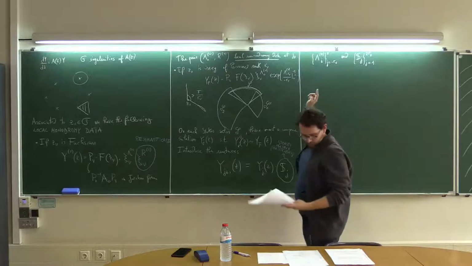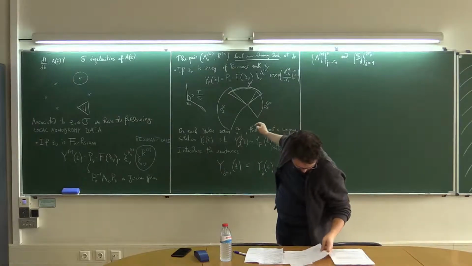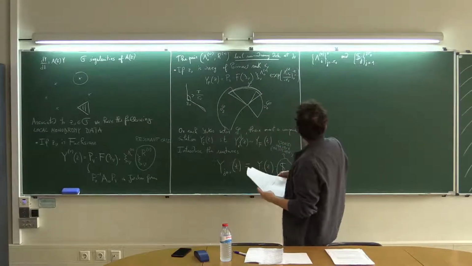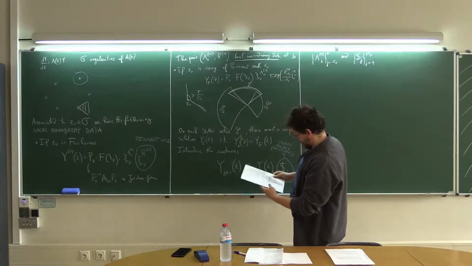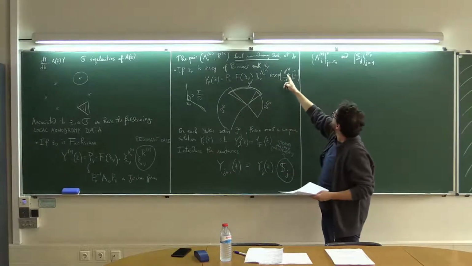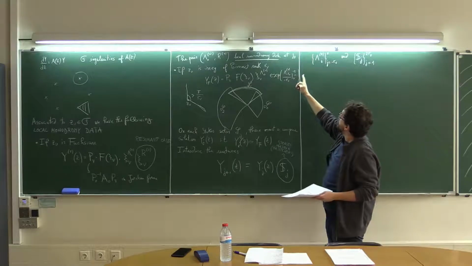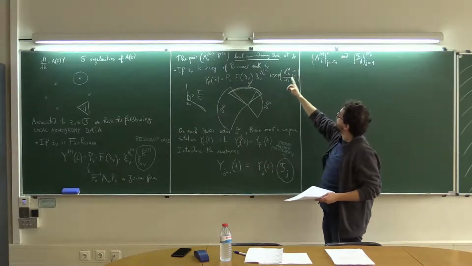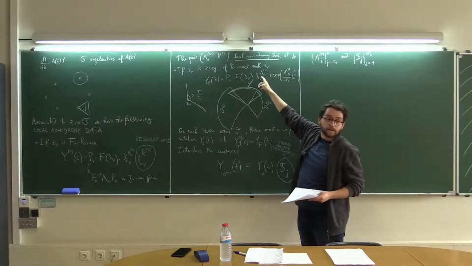Let me recall to you what these objects are. These objects are these diagonal matrices appearing in this sum plus this term.